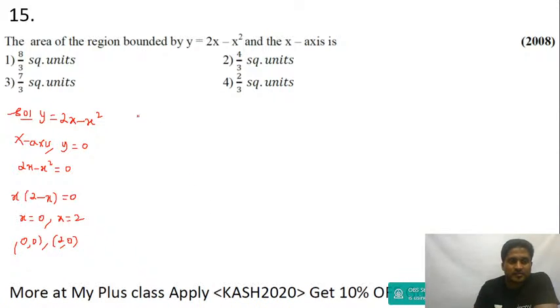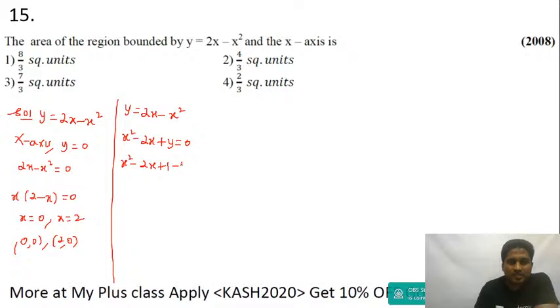Now if I sketch a rough graph of y equal to 2x minus x square, this can be written as x square minus 2x plus y is equal to 0. So this is x square minus 2x, add 1, subtract 1, plus y is equal to 0.